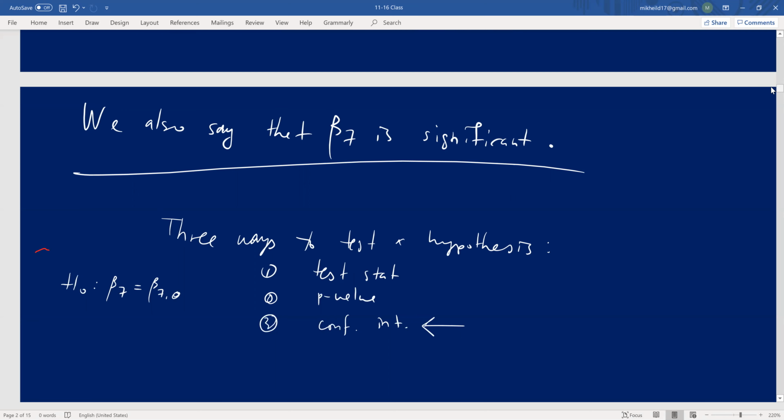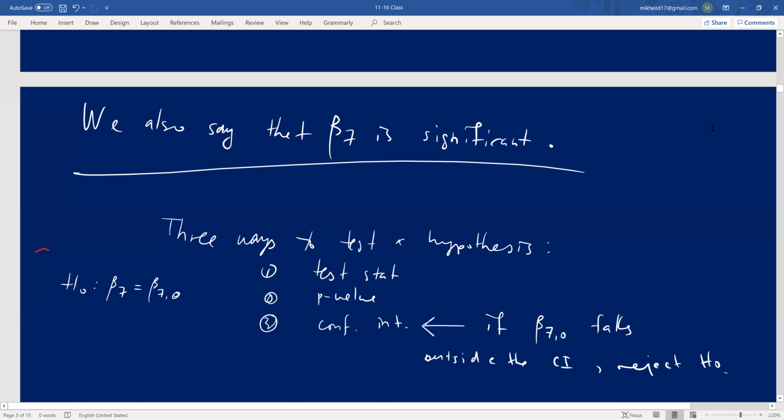If it's outside, then we reject the null hypothesis. Perfect. Sorry, guys. Outside. So if the hypothesized value, let us say 0, falls outside the confidence interval, reject H null.